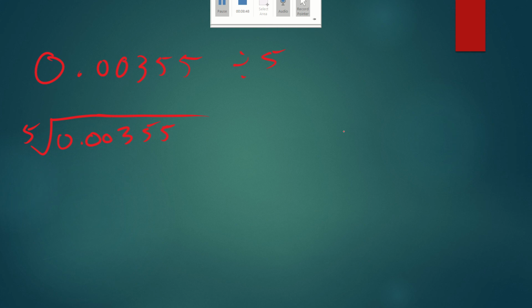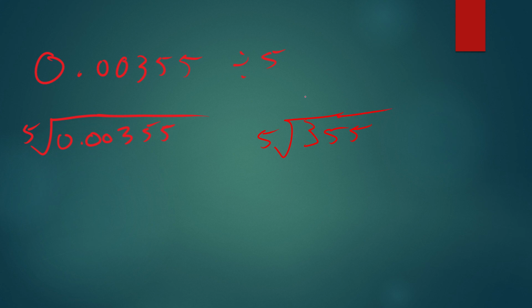Now you could do it the whole numbers way. We could go 355 divided by 5. 355 divided by 5, well, we're going to go into 7 times. We're going to get 0. We're going to bring down our 5, and we're going to get 71. Now if we have 71, what we have to do is go 1, 2, 3, 4, 5 decimal places.